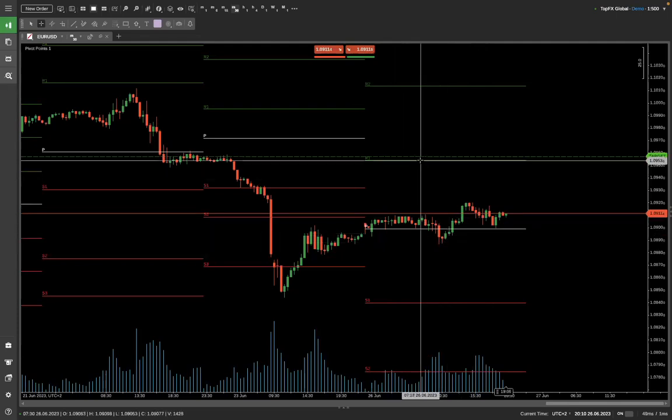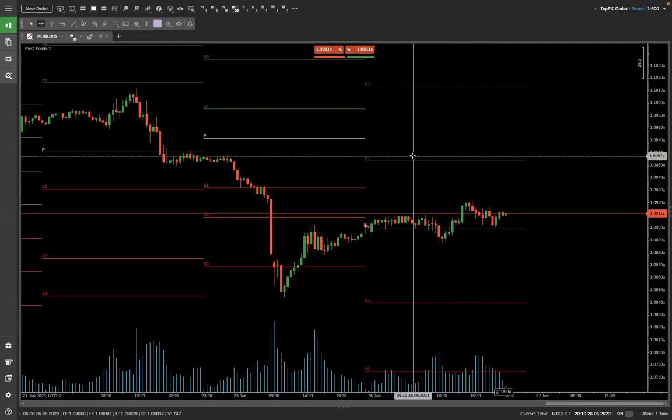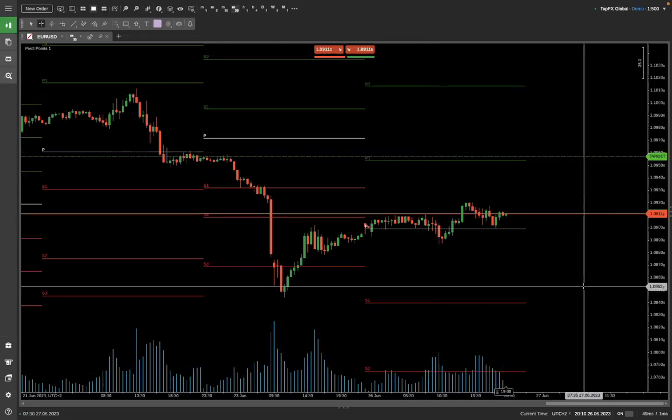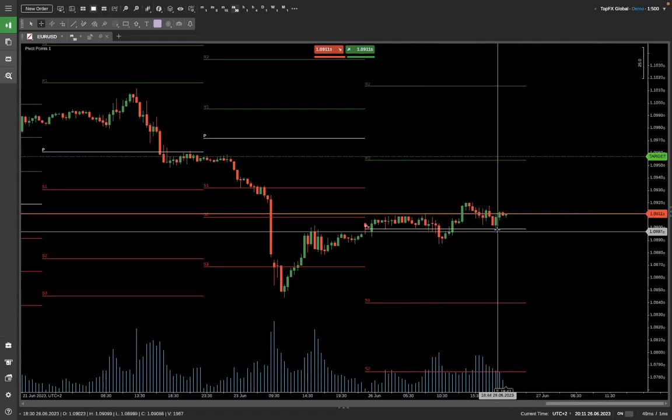The S1, R1, R2, or S2 levels can be used as target levels for this kind of trade, or they can be used as stop loss levels. So they can be either take profit or stop loss levels.